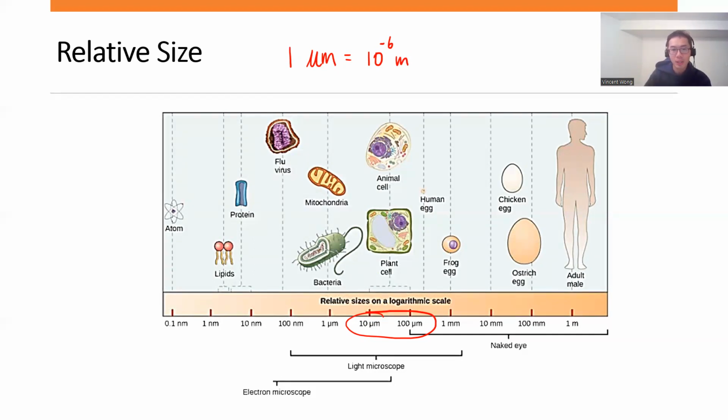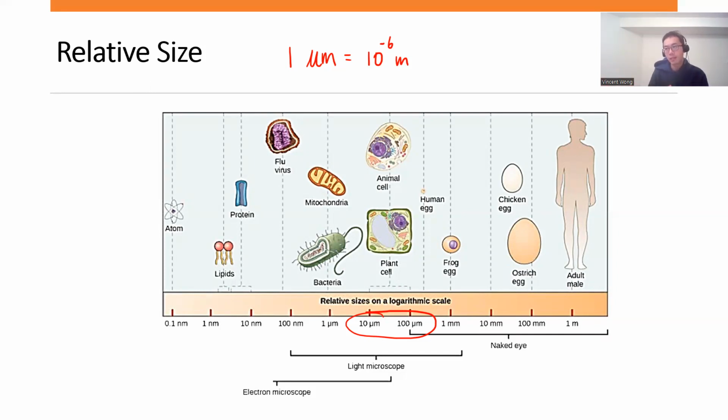So animal cells and plant cells are measured in the range of 10 to 100 micrometers, depending on what kind of cells you're looking at. Some cells are bigger, others are smaller, depending on their functions. Some cells are very long, like neurons, a type of cell found in the brain, for example.